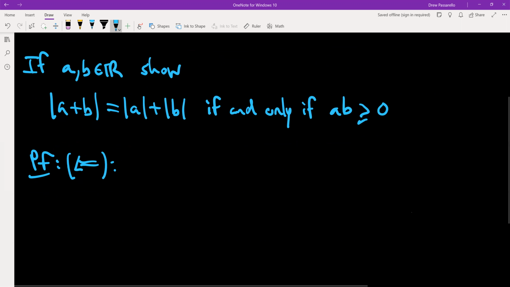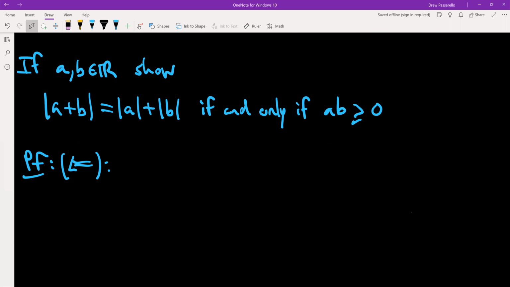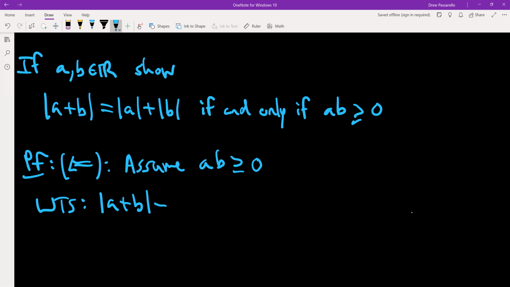So I'm going to do the case in which we assume that a times b is greater than or equal to 0, and wish to show, WTS, that the absolute value of a plus b is equal to the absolute value of a plus absolute value of b.